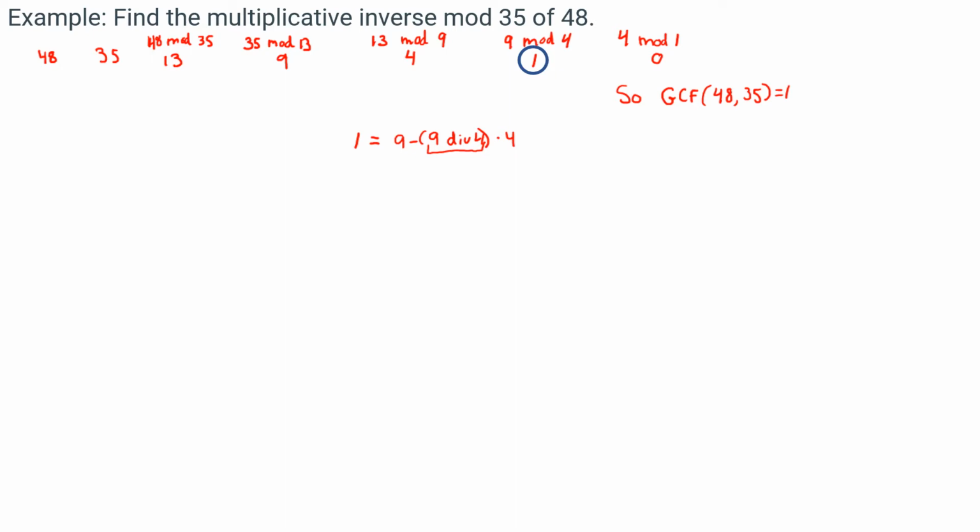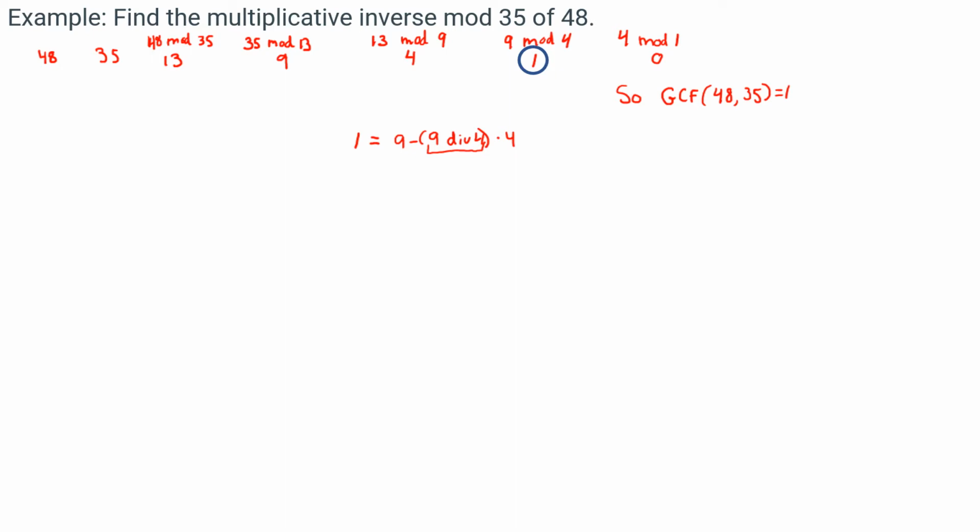So for the 1, we're going to write it as a linear combination of the 9 and 4 by using that pattern, y minus y div x times x. So in this case it's 1 equals 9 minus 9 div 4 times 4. And again, that's that pattern that we learned.